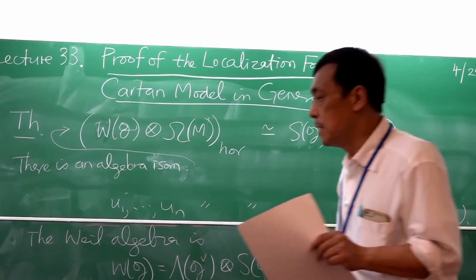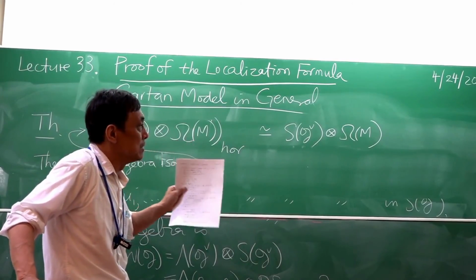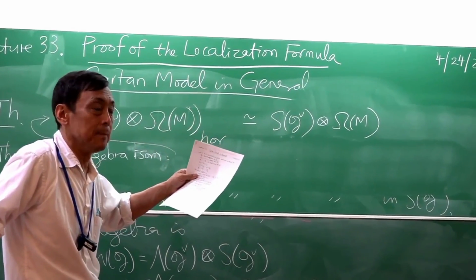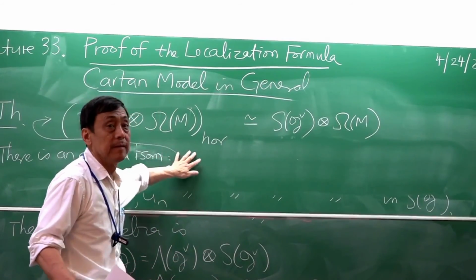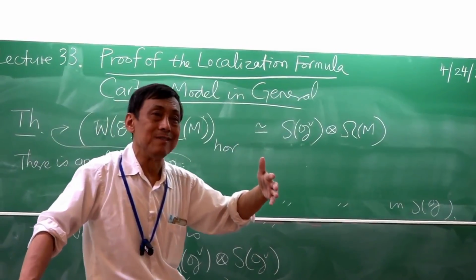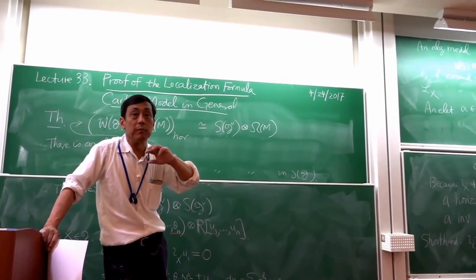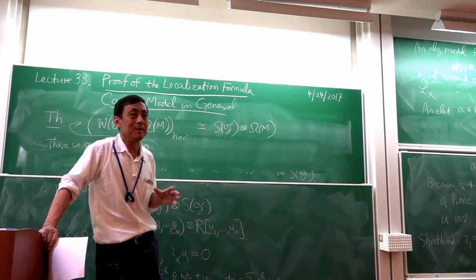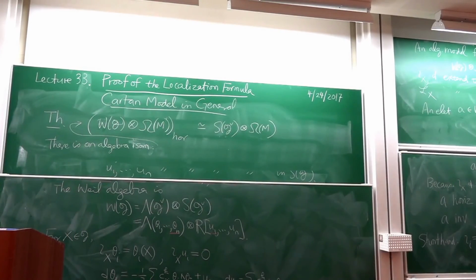Okay, I'm going to stop here, and next time we will prove this theorem. We'll continue with this. So we will identify the basic elements in this tensor product, and that will be the algebraic model for the homotopy quotient. Right? Because the homotopy quotient is the base of a bundle whose total space is the Cartesian product.